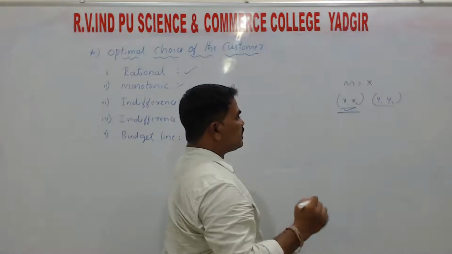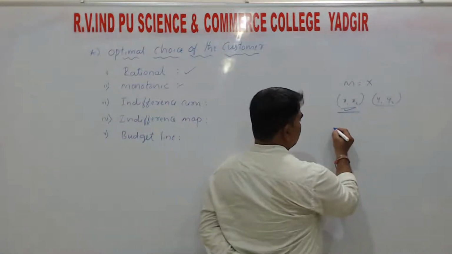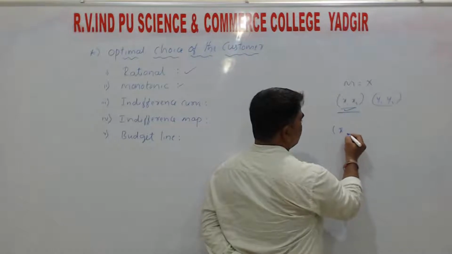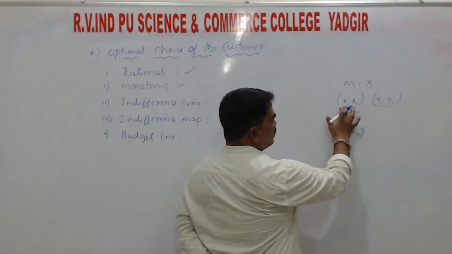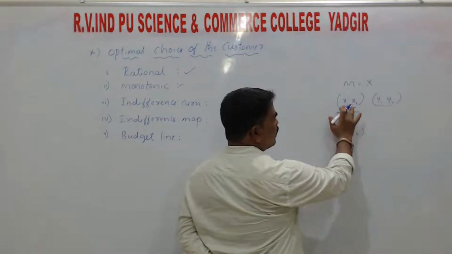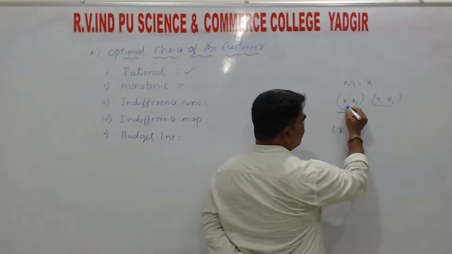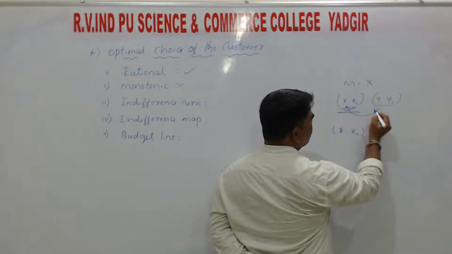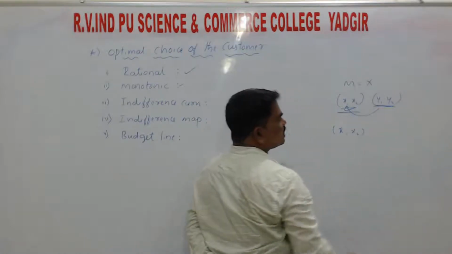Okay? Now suppose any one of the goods, we have two goods, right? Any one good is more than the good in the other bundle.